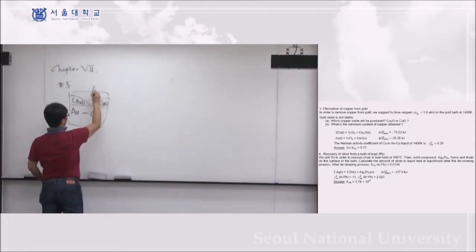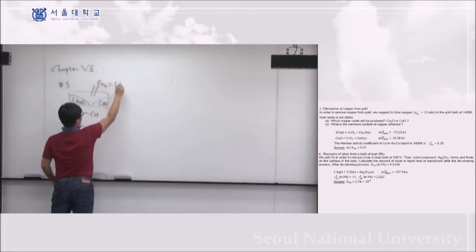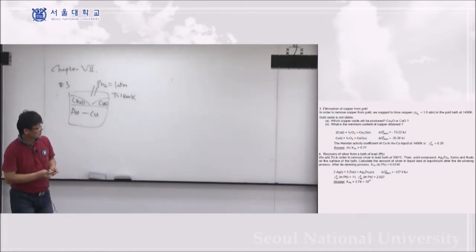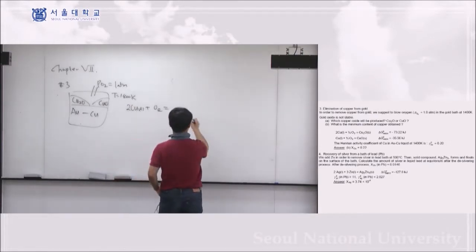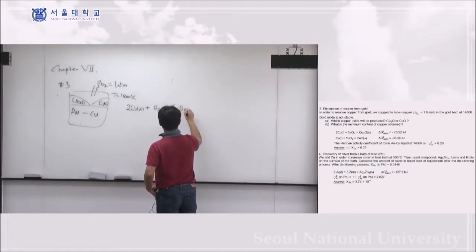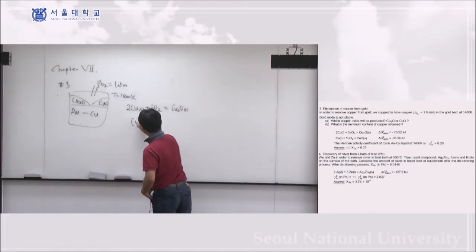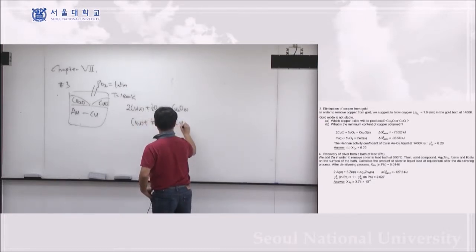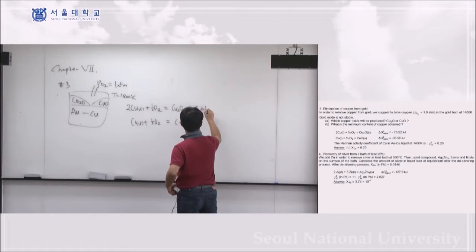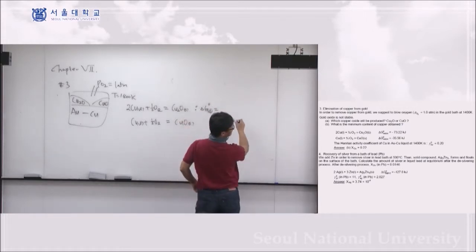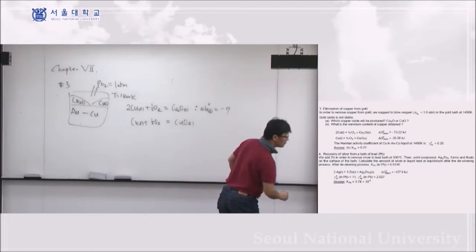And then I have PO2, 1 atm, and T equal to 1400 Kelvin. So I have two chemical reactions, 2Cu, Cu2O, minus 7, 3.